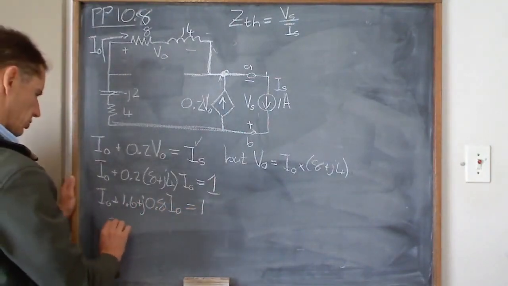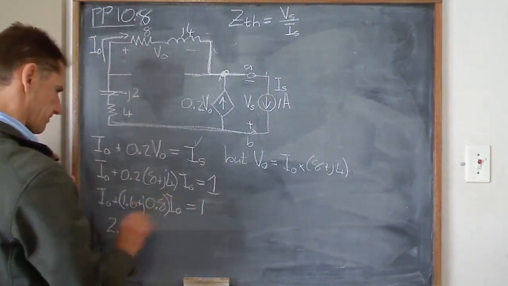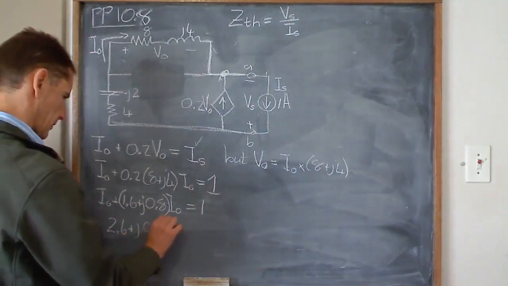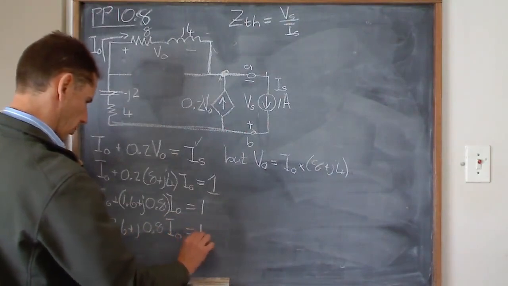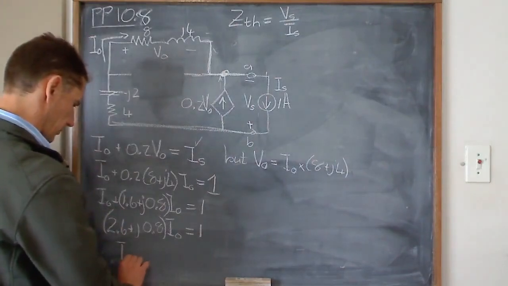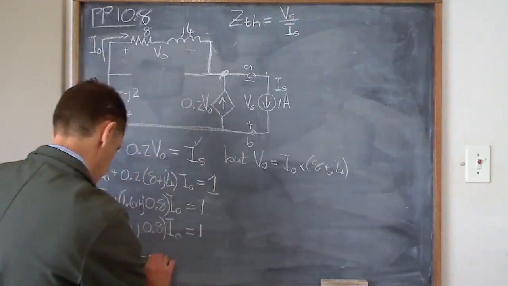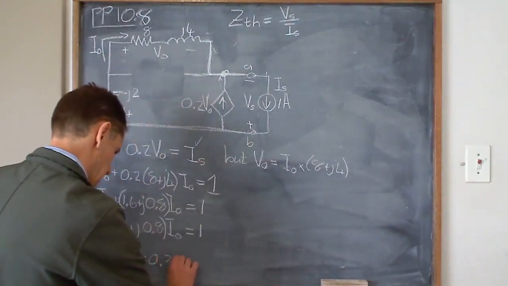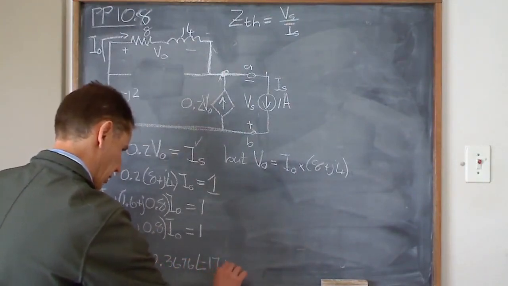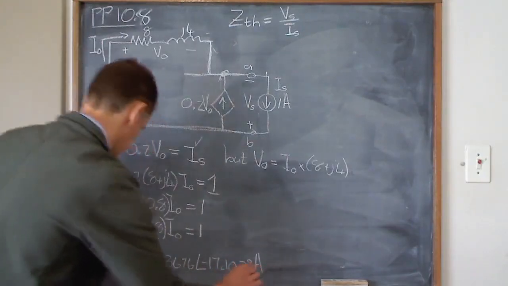So you've got 1 plus 1.6, so 2.6, I need a bracket there, sorry. Brackets are important. (2.6 plus j0.8) I out must equal 1. Which means I out is going to be 0.3676 angle minus 17.1003 degrees amps for the current.